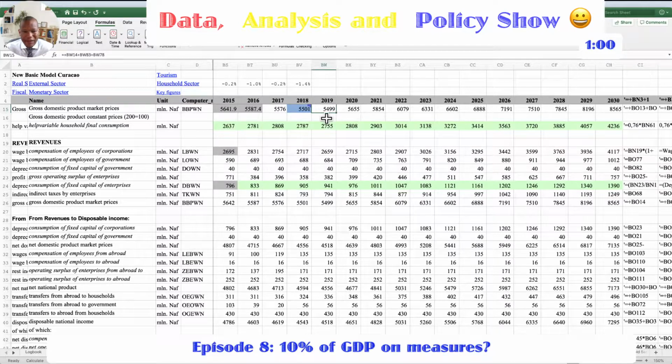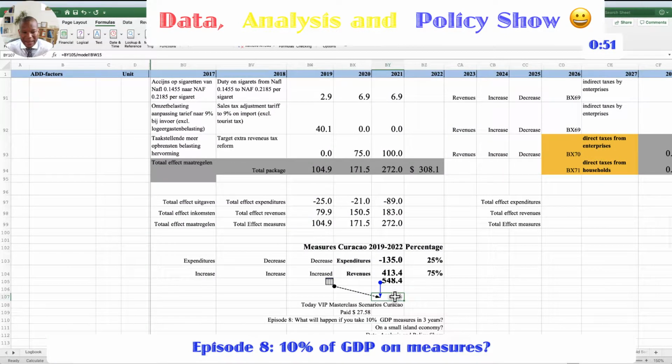I took that 5.4 billion and divided the 548 million in packages by the total income. So that's 10% in 3 years. That's a huge package.